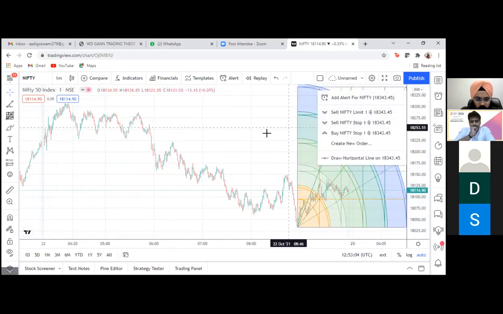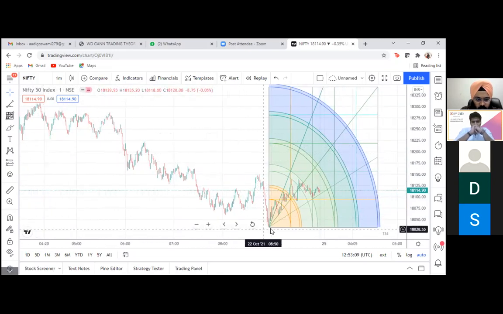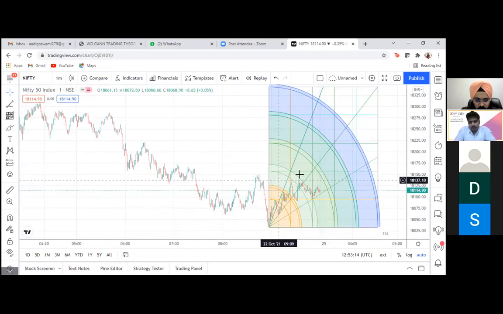Like this. So over here, when I select Gann square, I put the first arc on the next high, and these horizontal lines are then supposed to act as support and resistance, like here.